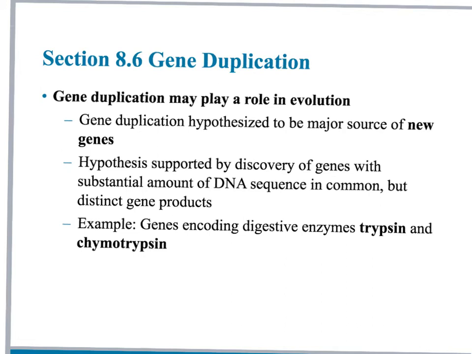An example is the genes encoding trypsin and chymotrypsin, which have very similar sequences, a lot in common, but they each give a different product. So that's why duplication is a major source of new genes.